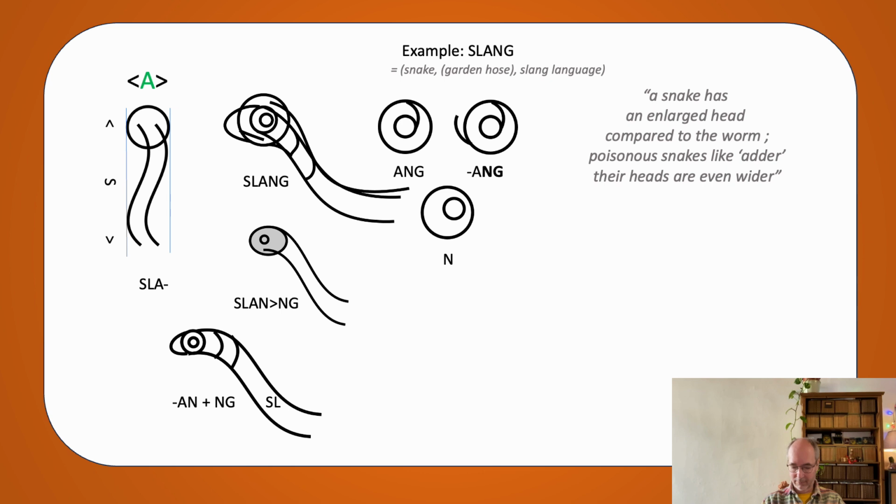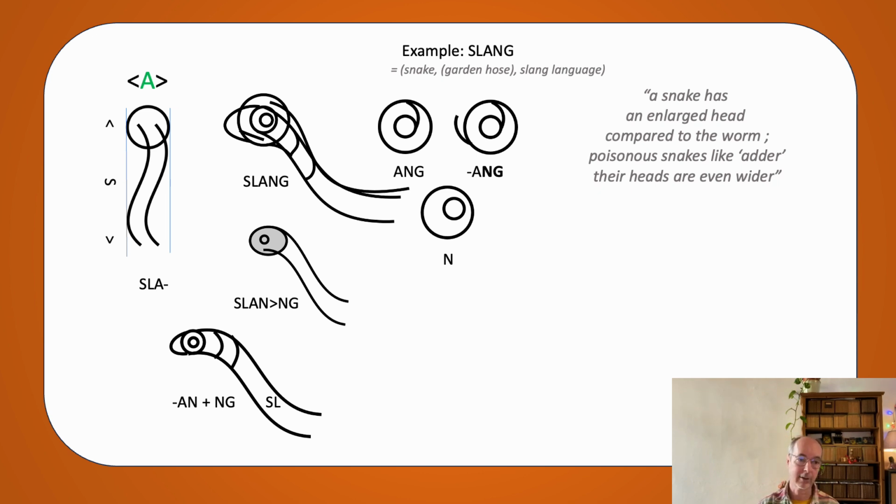than the tube form, let's say, or in this case the worm form. It is also the distinction between the worm and the snake, because if we look up the essence of the snake, there are a couple of essences, but one of them is the form of the head, which is larger than that of the worm.